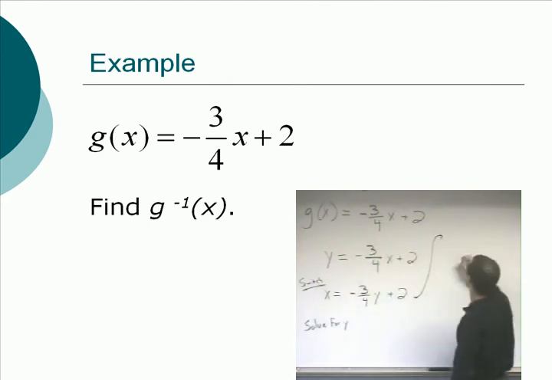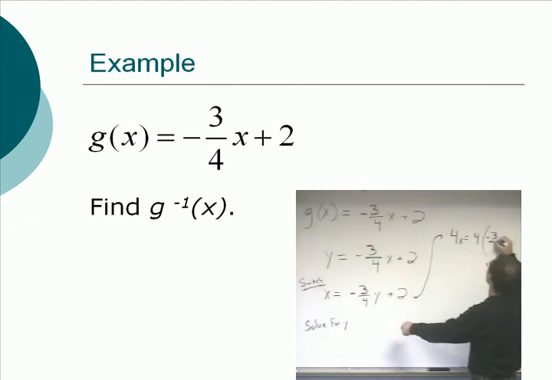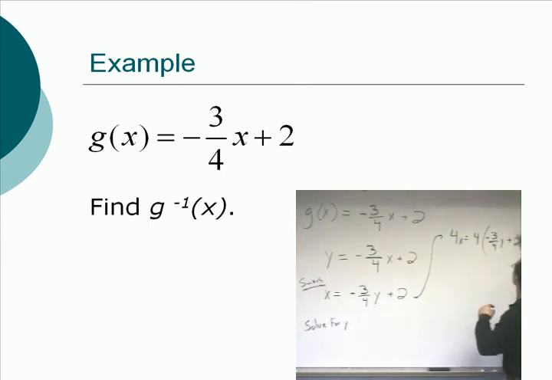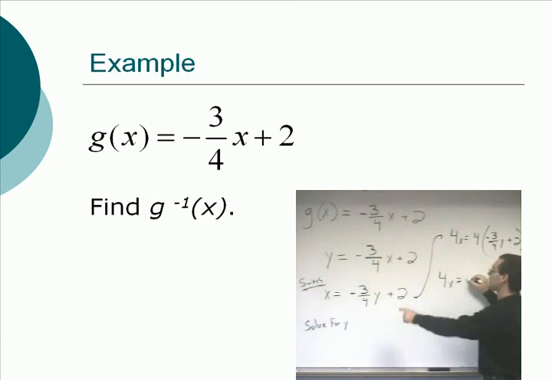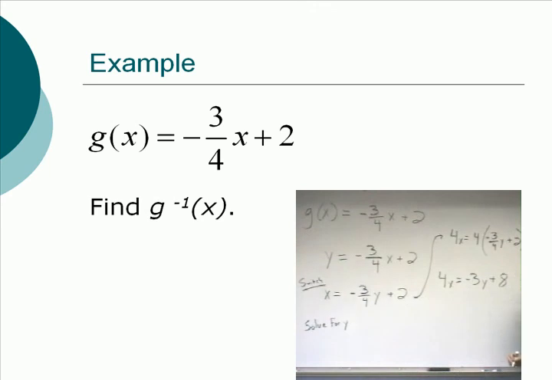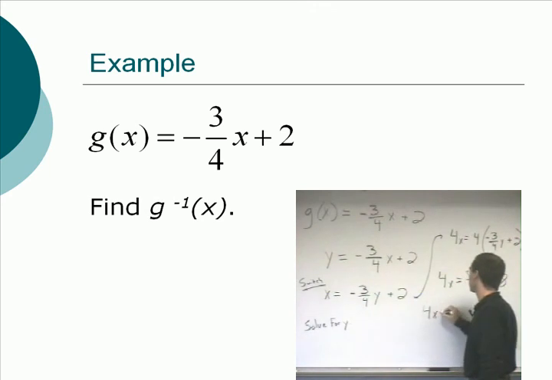So if we do that, we get 4x equals 4 times negative 3/4 y plus 2. Multiplying everything by 4, so we get 4x equals negative 3y plus 8. So subtract 8 from both sides. 4x minus 8 equals negative 3y.